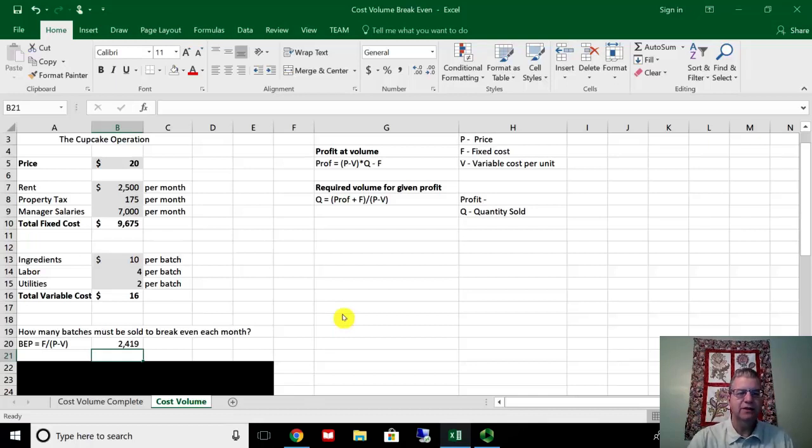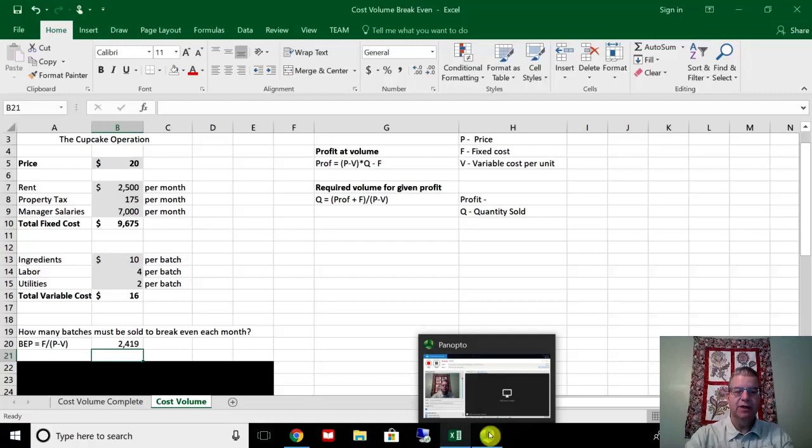It tells us that in order to cover all the cost and not lose anything each month, we would have to make 2,419 batches of cupcakes. At that volume, all the costs are covered. There's no profit left over, so this isn't a great business, but at least we're not losing money. So that's an important point to remember, that break-even point.